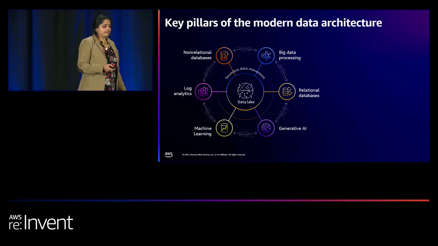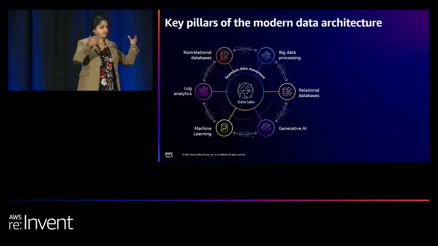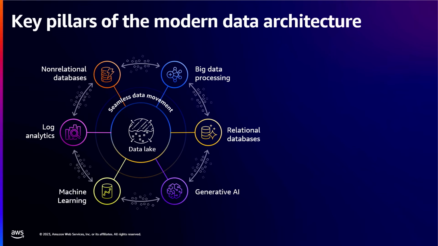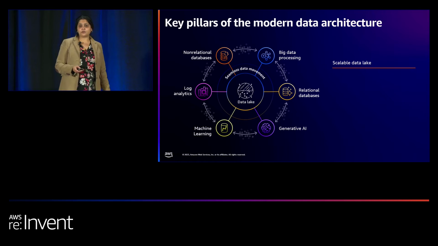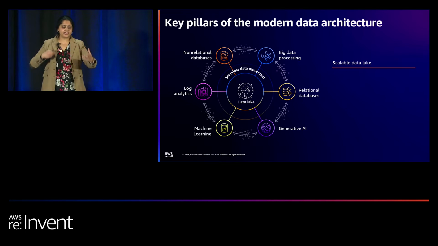And as part of that, there are a few key pillars in a modern data architecture as you build out that architecture in the cloud. All of that you see around the circle, these are your modern data applications that need access to the core, to your data lake. In order to do that, you need your data lake to scale. If your data lake doesn't scale, exponentially your data grows, and then your cost grows, and you just can't keep up with it.